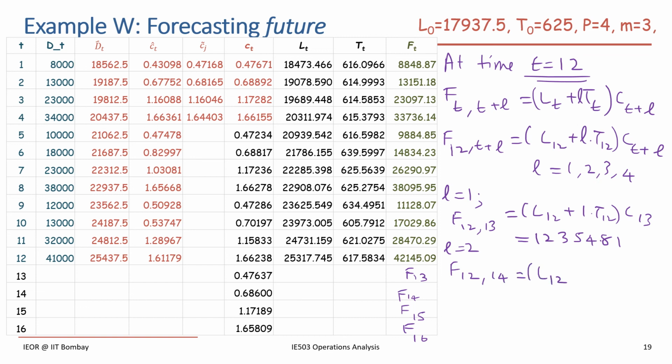Note that we are still using L12 plus 2 into T12, but my seasonal component changes to C14. So the seasonal component is the same as the forecasted period, but the level and trend are from the period at which I am currently. We are assuming the level and trend continue the same, but we know the seasonal component C14. Now if we substitute, we get this value as 18215.35. Similarly, I can compute the 15th and 16th period forecasts.